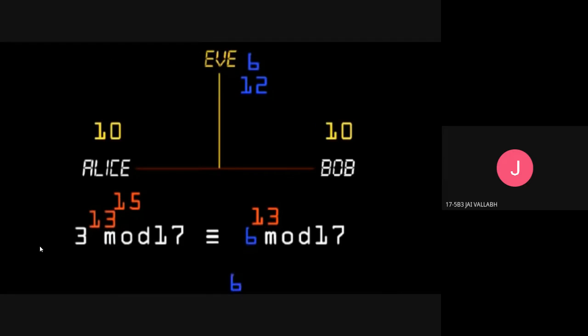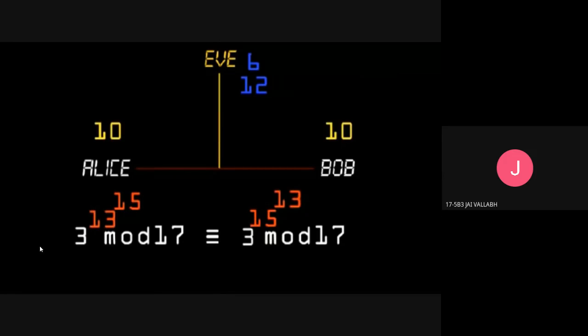Now consider Bob. The 6 he received from Alice was calculated as 3 to the power 15 mod 17. So his calculation was the same as 3 to the power 15 to the power 13.